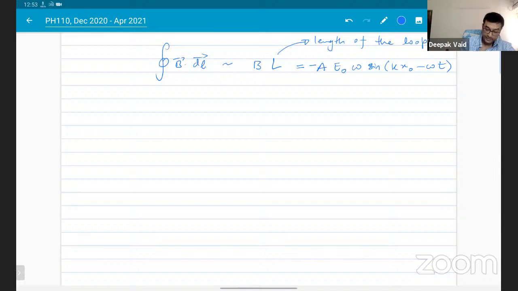Okay. Now in all of this, sine kx minus omega t, right? That is the end result.